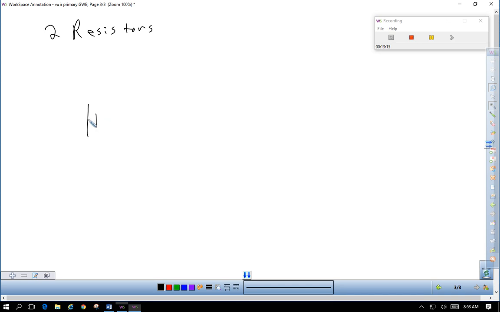One is with them in line, one right after the other. There's resistor 1, there's resistor 2, and then back to the battery. And I'll just label those resistor 1 and resistor 2. And I'll make a spot over here to give values for that in just a moment.